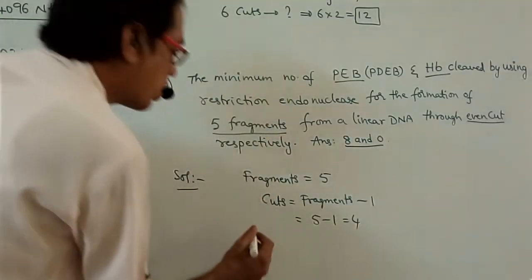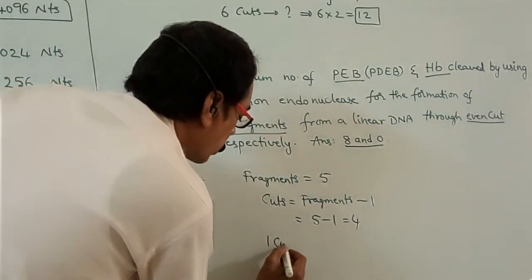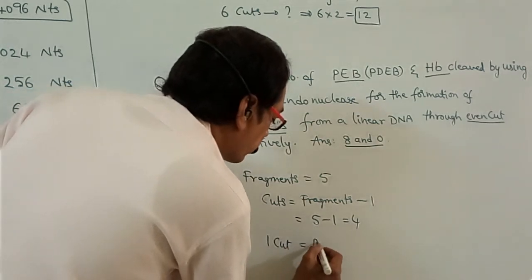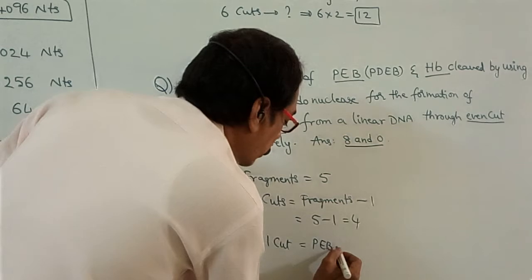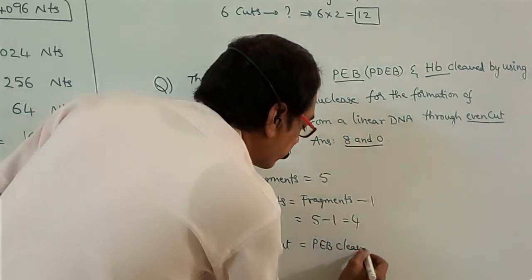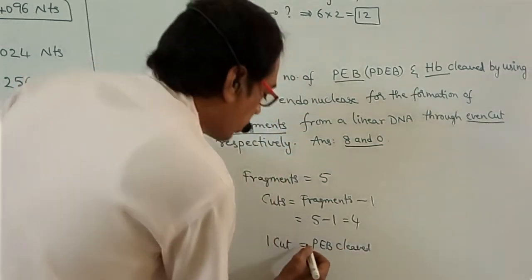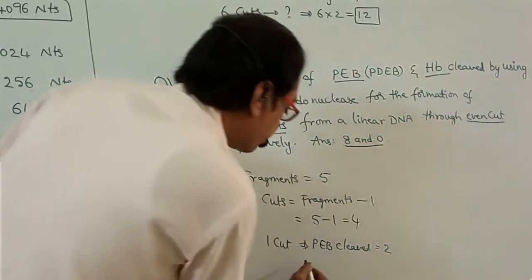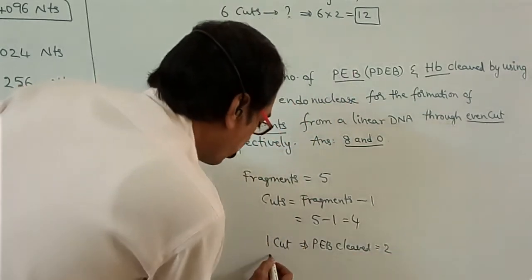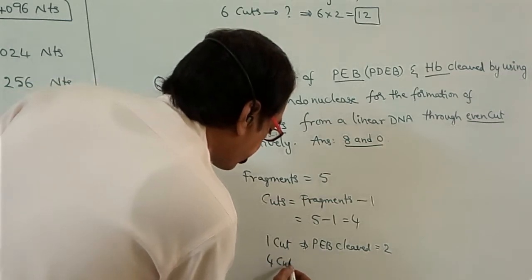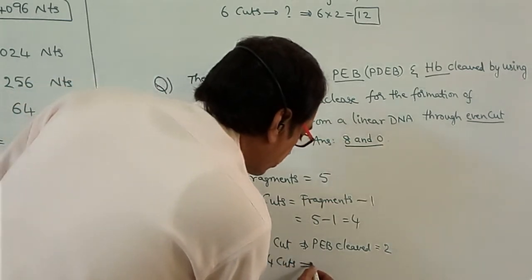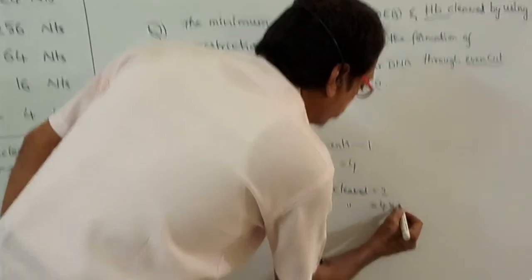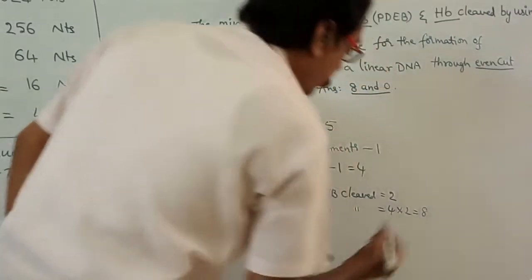How many phosphodiester bonds are cleaved? For one cut, phosphodiester bonds cleaved means 2. How many cuts are there? For 4 cuts, phosphodiester bonds cleaved means 4 into 2, that is equal to 8.